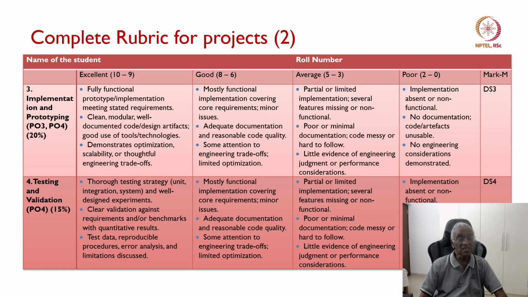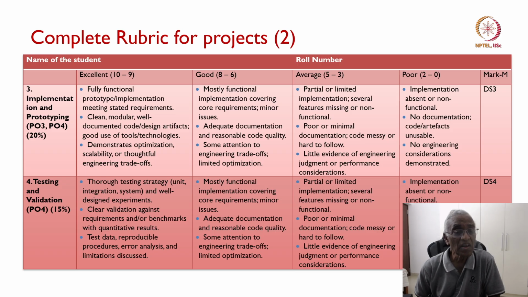Now coming to the third one, implementation and prototyping. Have been able to build fully functional prototype implementation meeting stated requirements. That is a fairly tall order, but depending on to what extent you have met that, you may get good or average.